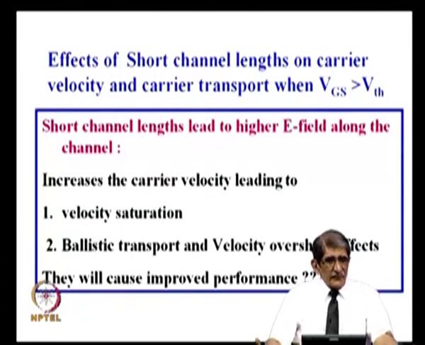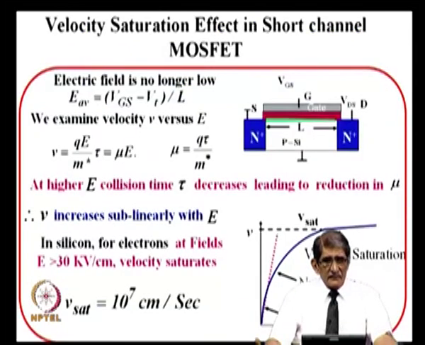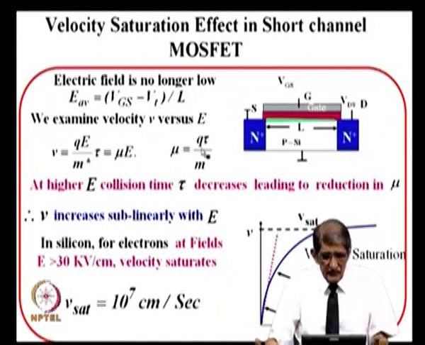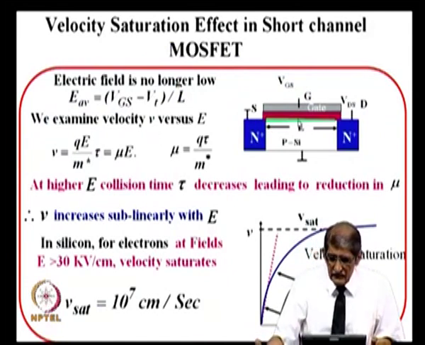Now, if you take a look at the silicon MOSFET or any other MOSFET, that is the way the charge distribution is. Charge is more here, charge is less there because of the voltage drop across the channel.